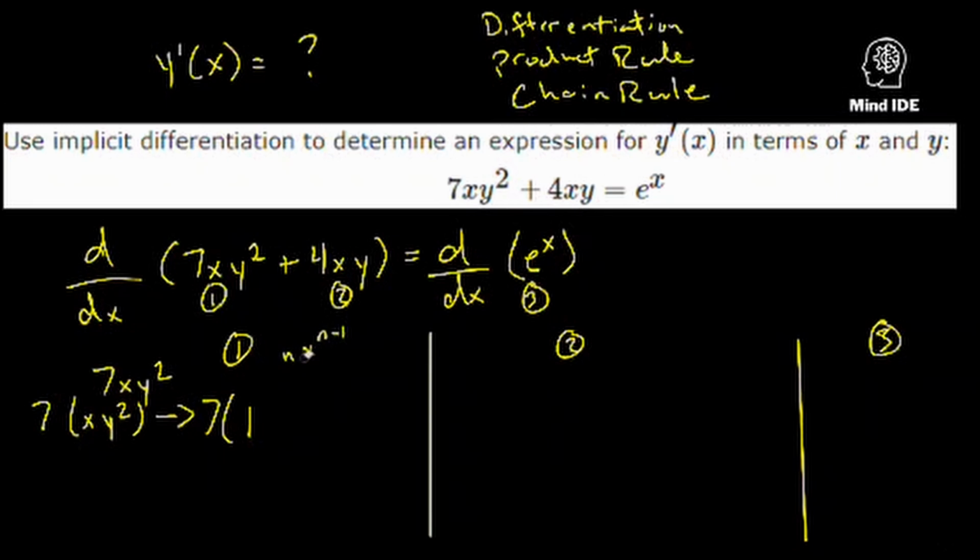In this case, n is 1, so that becomes x to the 0, which is 1. So 1 times y squared plus x times the derivative of y squared, which is going to be 2y. And then because y is dependent on x, you have dy over dx, which can be written as y prime.